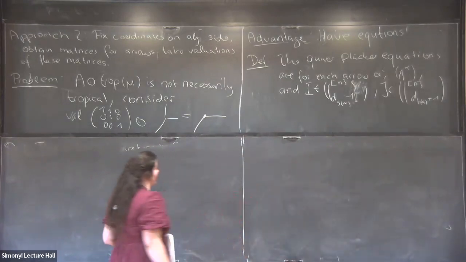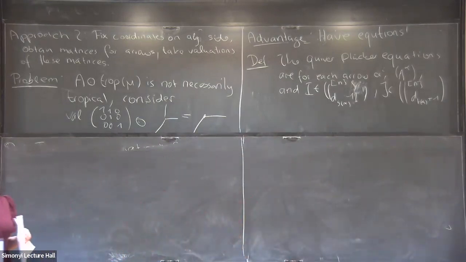We have a set of quiver equations that is essentially augmented by the matrix of the map that defines it.